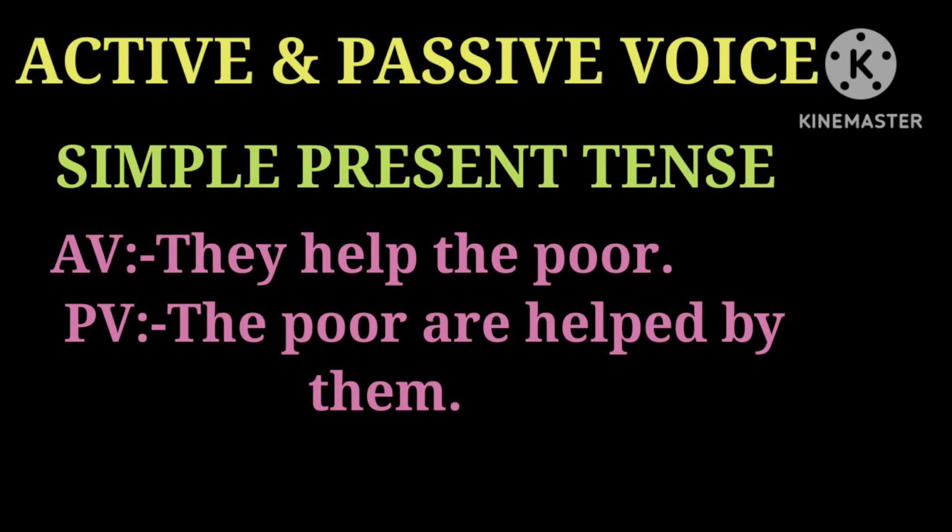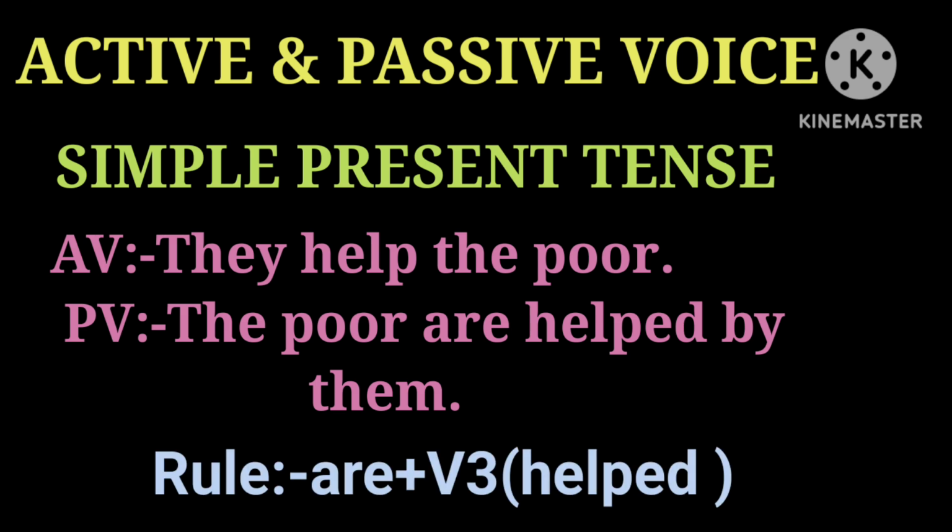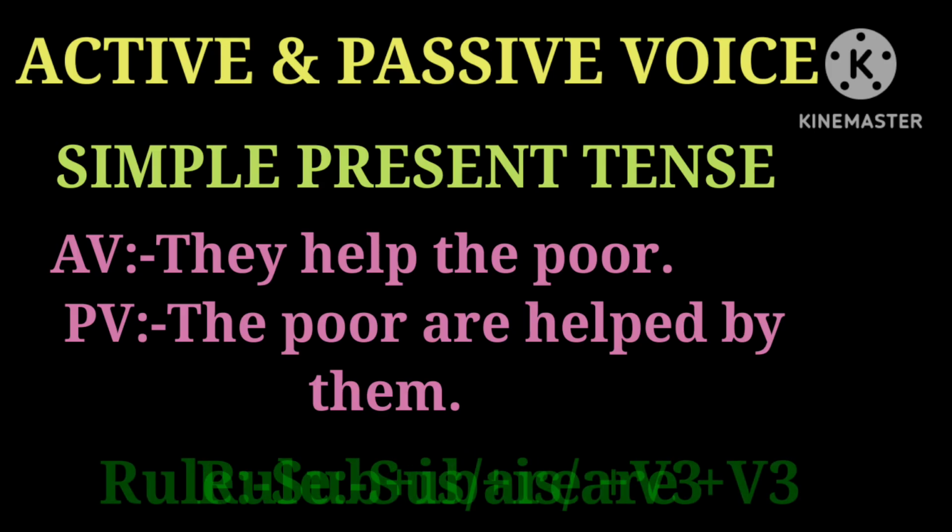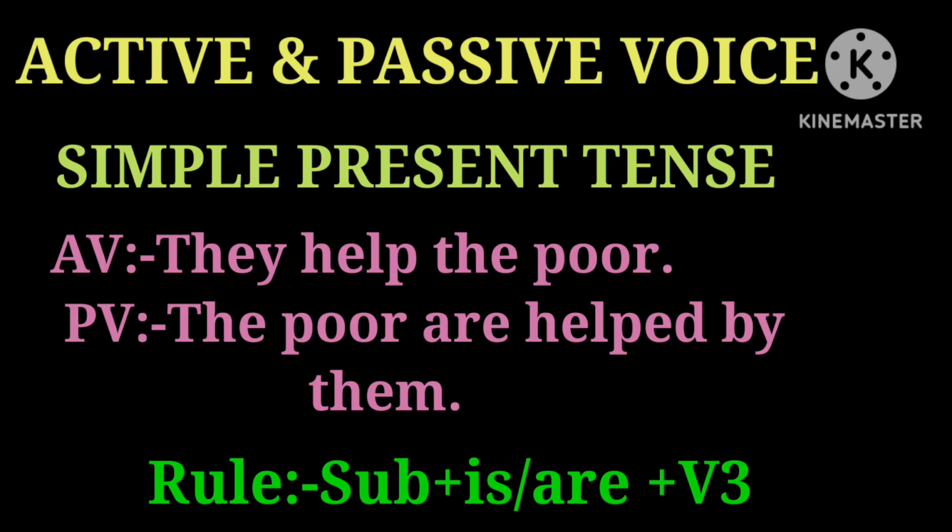In passive voice, the poor are helped by them. So here, poor is in plural form. That's why we have to use the helping verb are. That is, are plus helped, V3. So the rule for simple present tense is is or are plus V3, or past participle form.